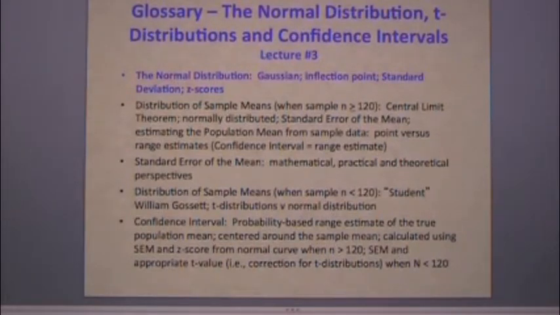Always. And because it's a normal curve, it will have all those appropriate matching points. 34.13% of those means plotted in the distribution of sample means will be between the grand mean and 1 standard deviation away, 34% on either side, and so on.